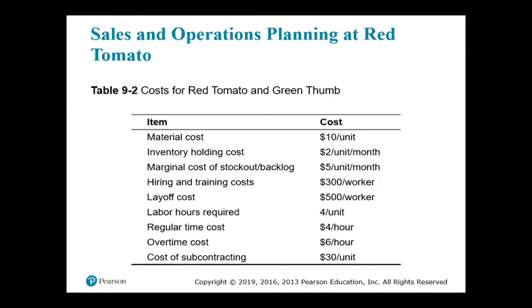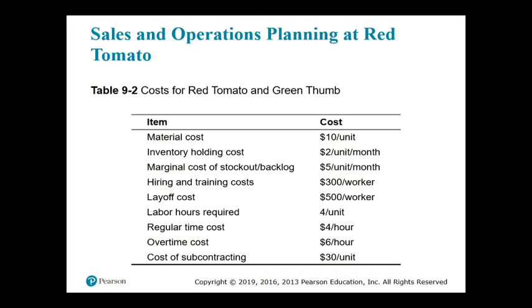All right. So now let's look back to the case of Green Tomato. In the previous case of aggregate planning, Green Tomato is only doing the planning for its own company, right? So now, not Green Tomato, Red Tomato.